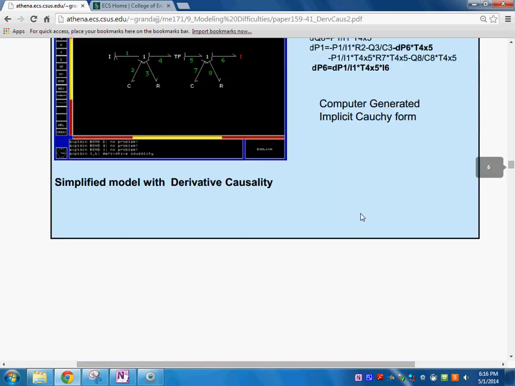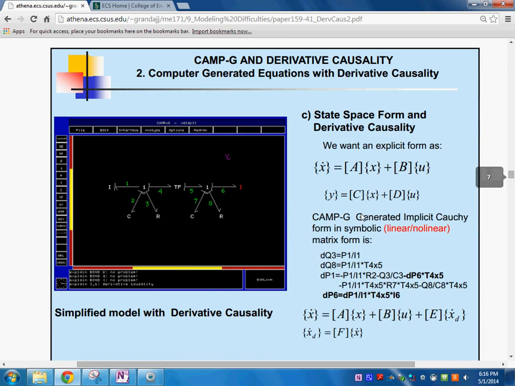So after giving it many, many hours of thought, I said, look, this is the state space form for a normal system. Right now, out of this, CAMG has given us these equations. The question is, can we solve the derivative form problem? In this case, this is the mathematical solution to that problem.